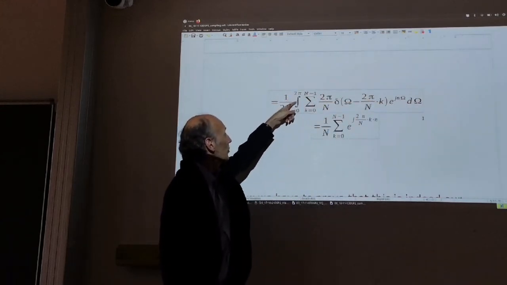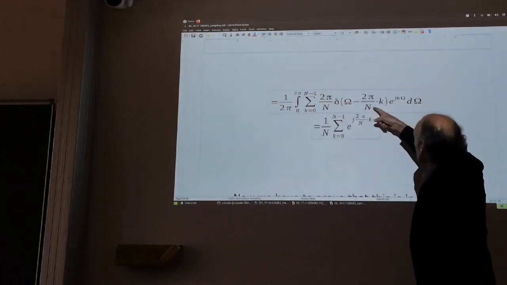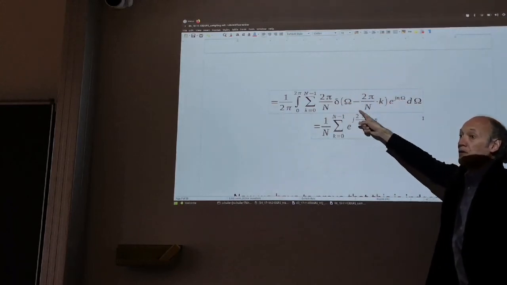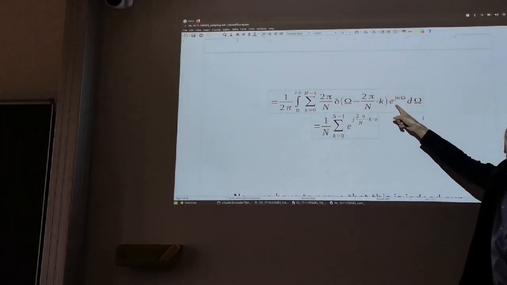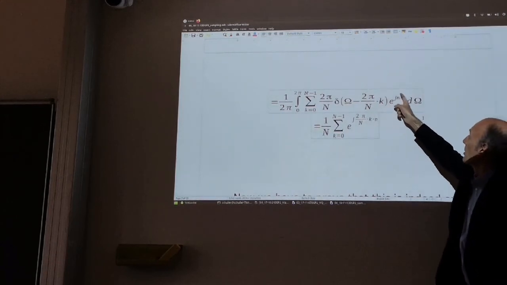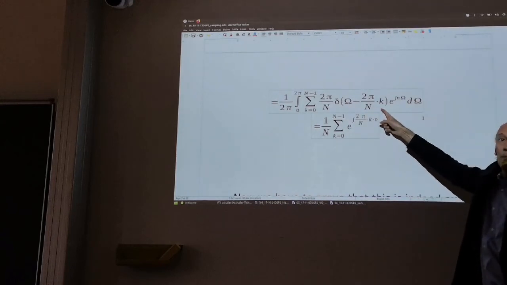And then we can compute the integral here. And what's left from this integral is just those sampling points, basically. So here, this Dirac samples this function. You see that? So we only keep the values of this function at these frequency points. It's basically sampling of the frequency domain.